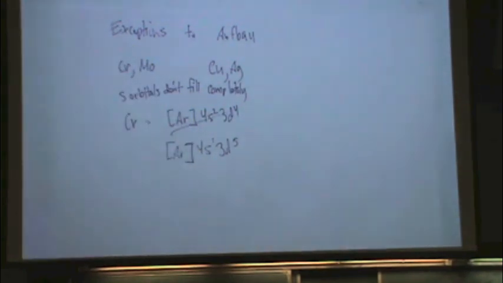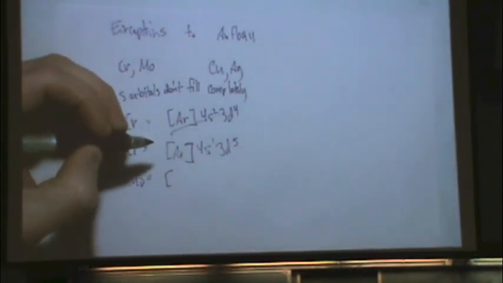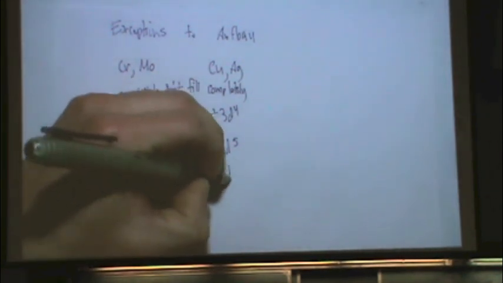What it actually is going to be is 4s1, 3d5. We have a similar thing for molybdenum, where it's going to be krypton, 5s1, 4d5.